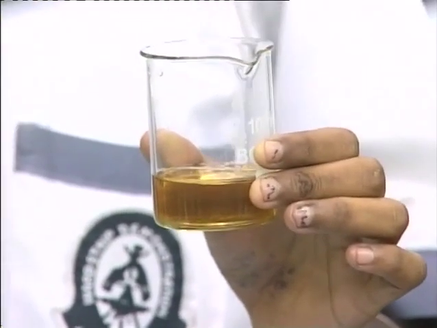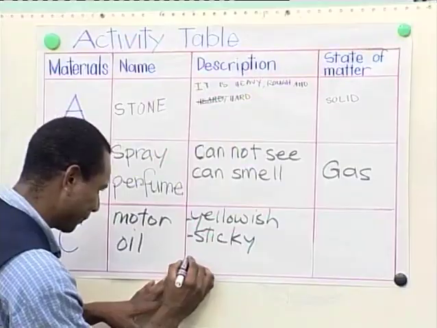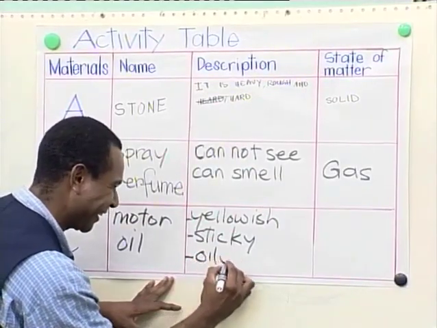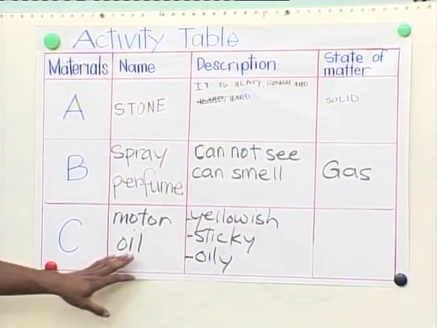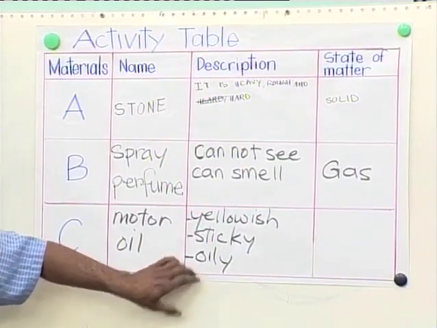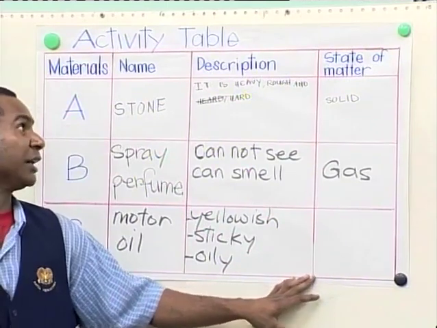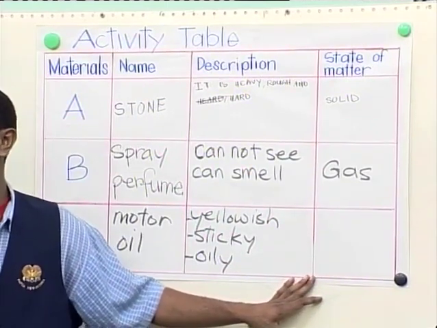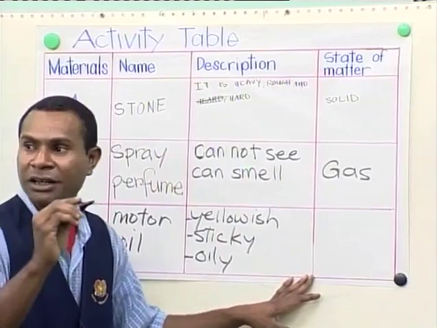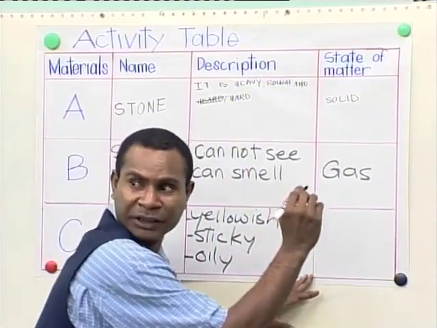Oily. All right. We ran out of space. If you can describe more, very good. So what did you say it is, the state of matter? Liquid. Okay.